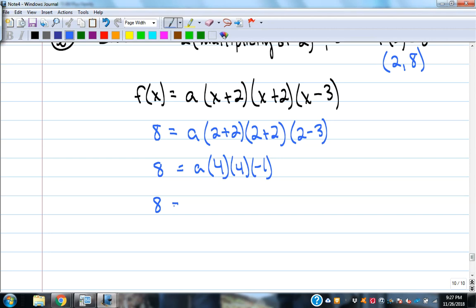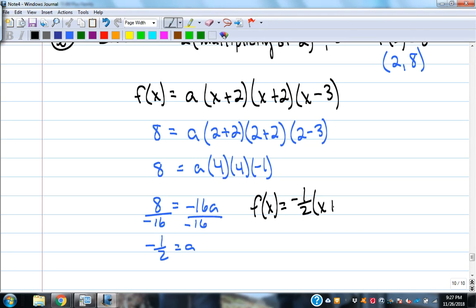Again, 8. That's -16. Divided by -16. And we get a -1/2 is A this time. Okay. So that means our function to start off with is -1/2 x plus 2, x plus 2, x minus 3, like that.